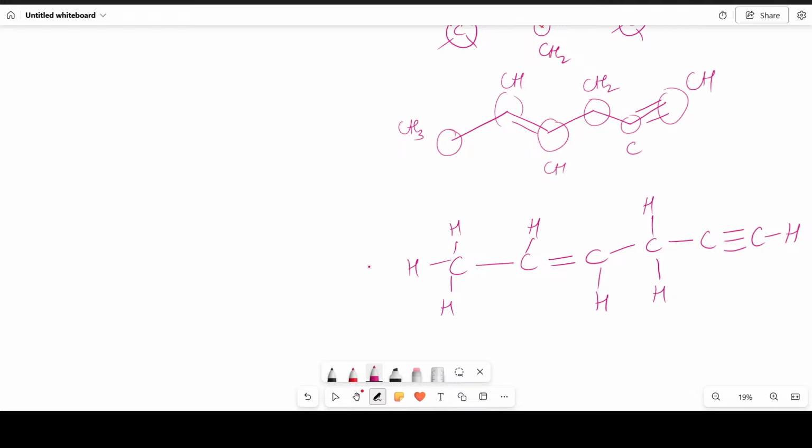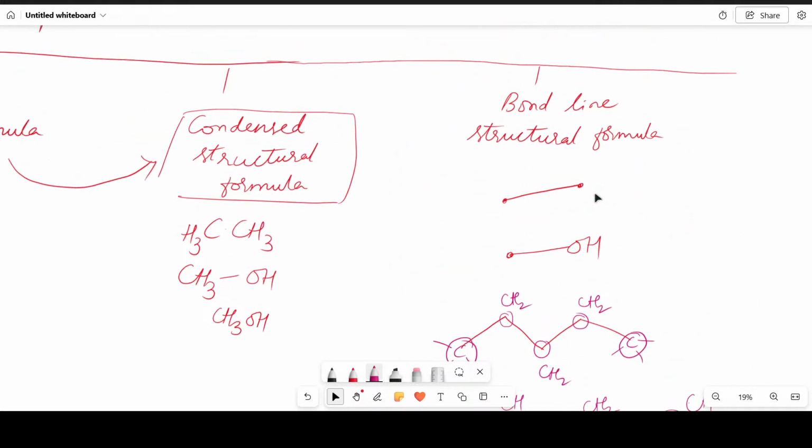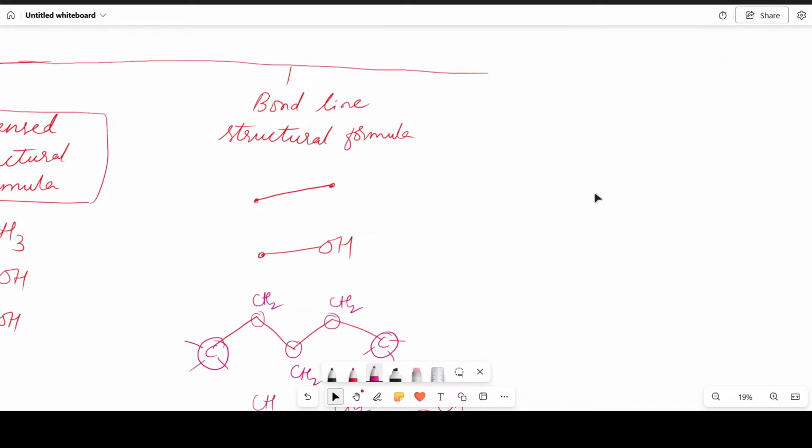Alright children. Next one. There is a next type of representation of the formula. It's called the polygon formula.